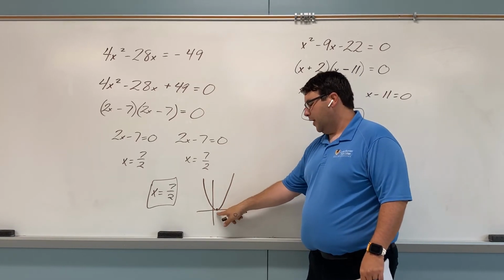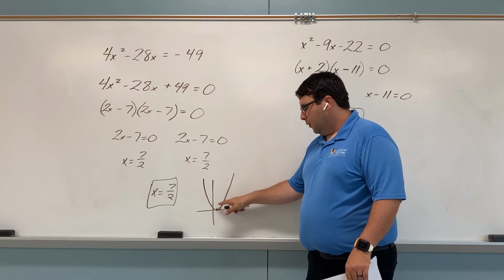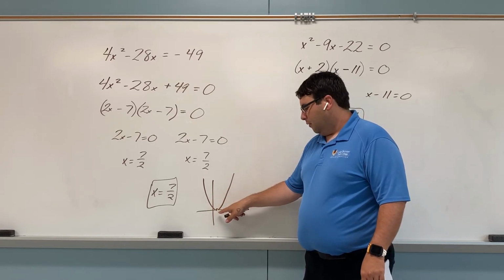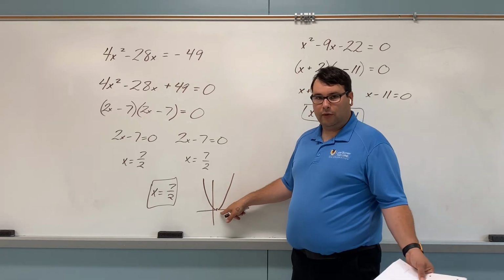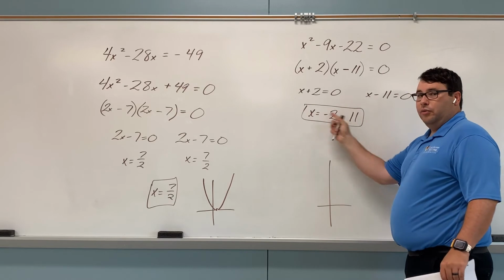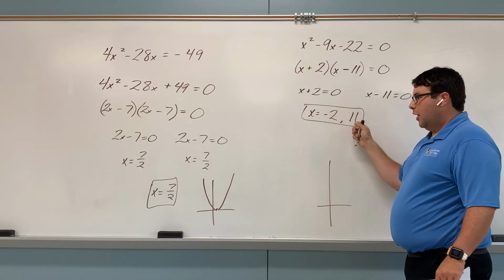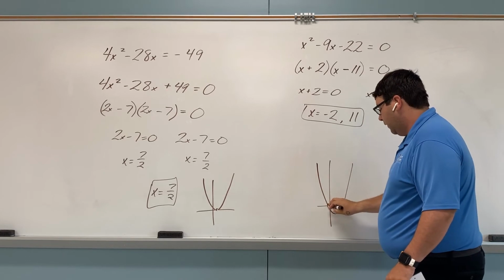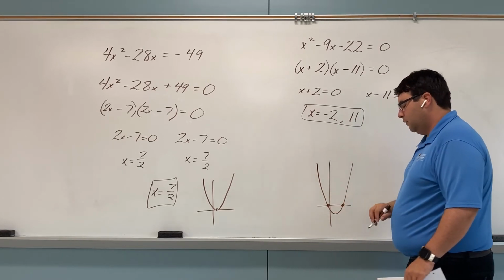So you're touching on the x-axis once. This is where you would have 0 as your value, hence the term zero product. Now, in this case, I have 2 zeros. I have 2 values that would cross, and so my parabola would cross at 2 different points, just like so.